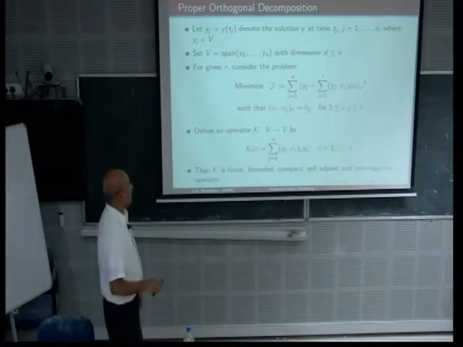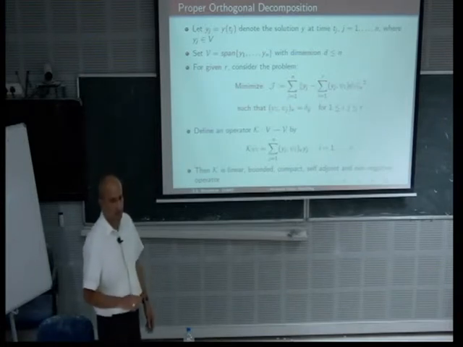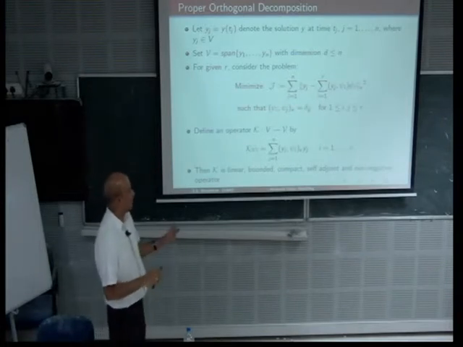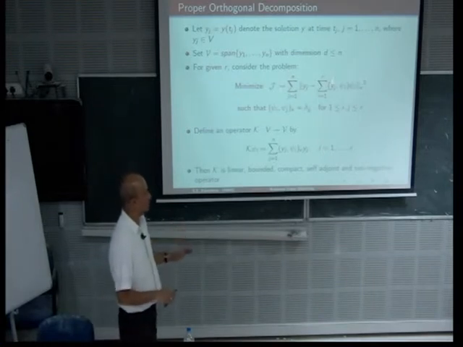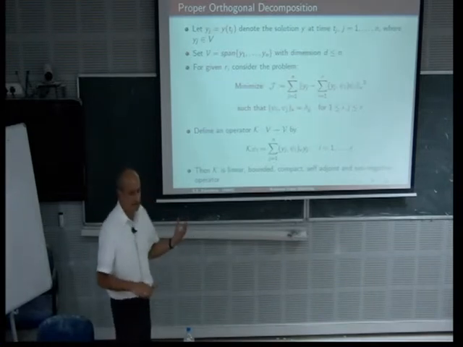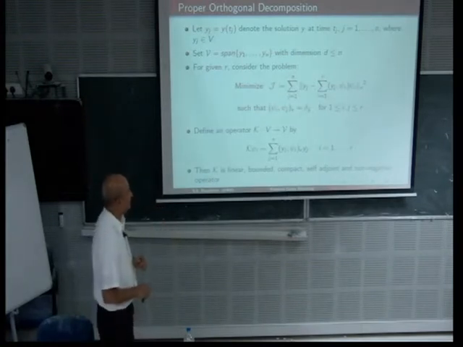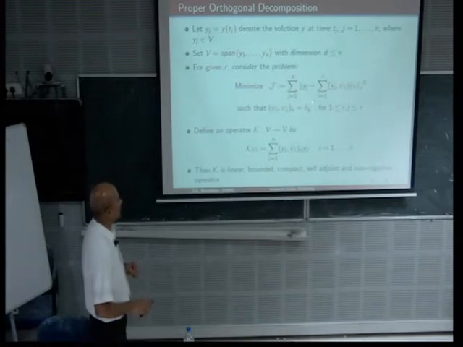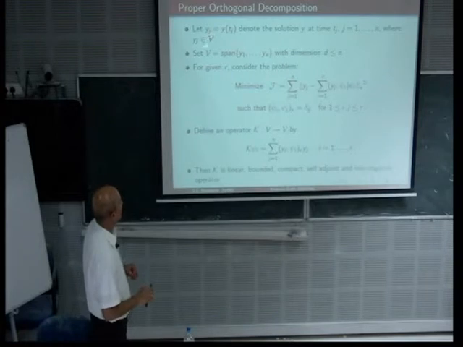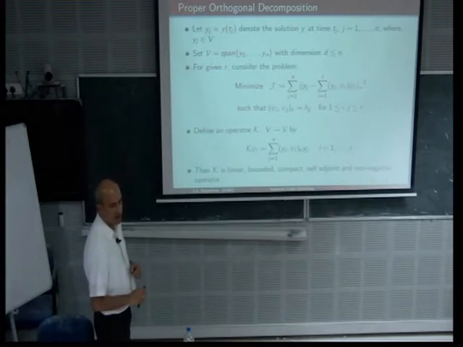Now I want to solve this minimization problem and come up with the POD basis, and then I will show that the POD basis I come up with by solving this problem is the same as the basis I explained earlier. That is more of a computational technique. To solve this problem, you can define an operator K from V to this curly V. V is where these snapshots live, and the curly V is the span of the snapshots.